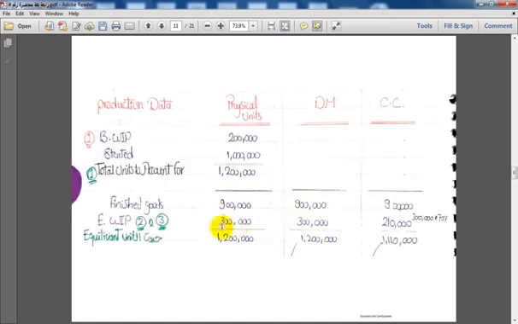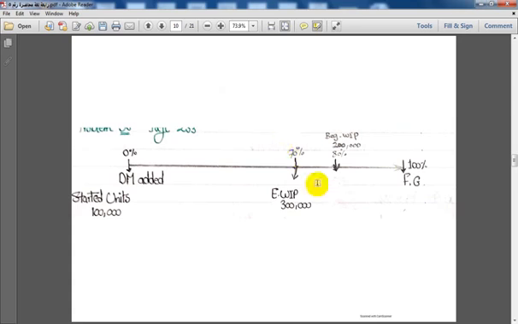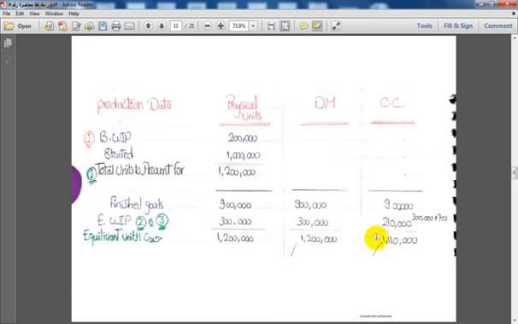So direct material equal 300,000 times 100% equal 300,000, but for conversion cost, 300,000 times 70%, the percentage of completion for ending work in process, equal 210,000. 900,000 plus 300,000 equal 1,200,000. 900,000 for conversion cost plus 210,000 equal 1,110,000.